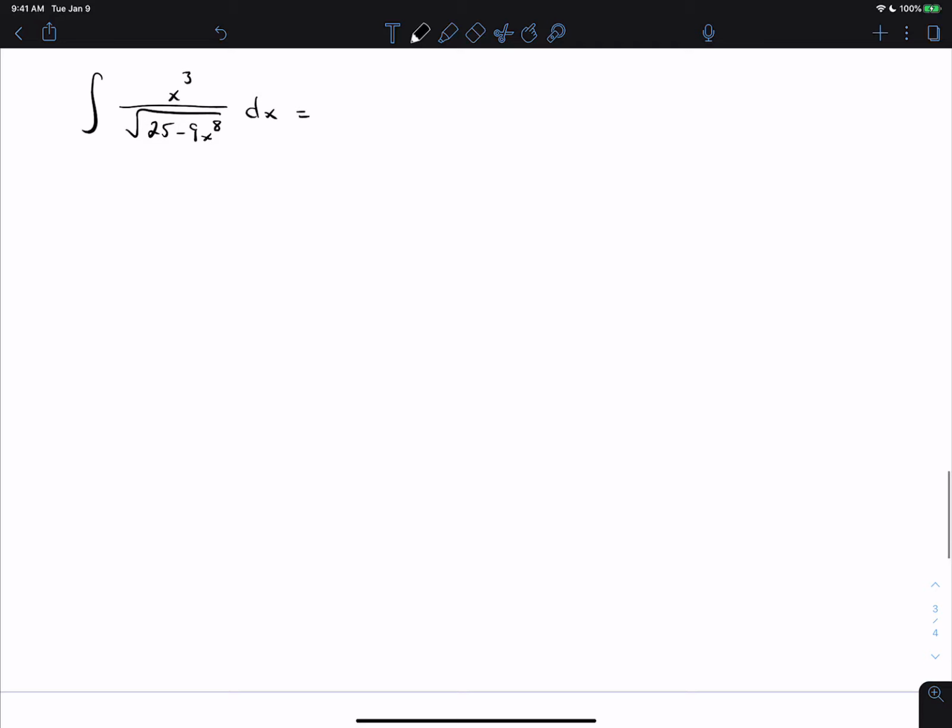So we have to make it so that there's a 1 at the beginning of the square root. So we pull out the square root of 25 and make this the square root of 1 minus 9 over 25 x to the 8th. Now u is going to be what you square to get that variable part.